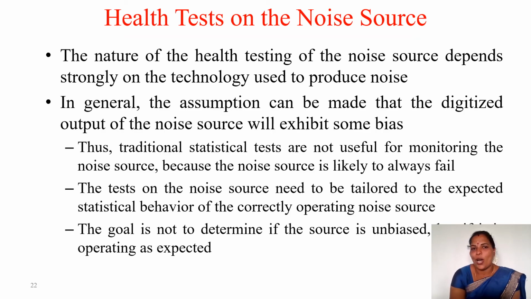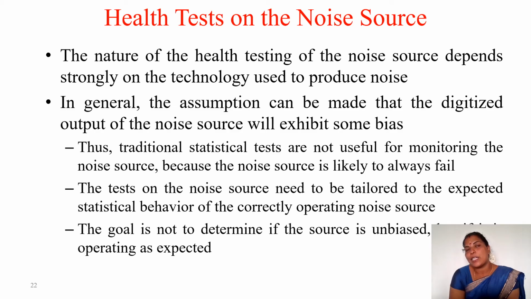Health tests on the noise source. The nature of the health testing of the noise source depends strongly on the technology used to produce the noise. Generally, the assumption can be made that the digitized output of the noise source will exhibit some bias. That is, traditional statistical tests are not useful for monitoring the noise source, because the noise source is likely to always fail. The tests on the noise source need to be tailored to the expected statistical behavior of the correctly operating noise source.